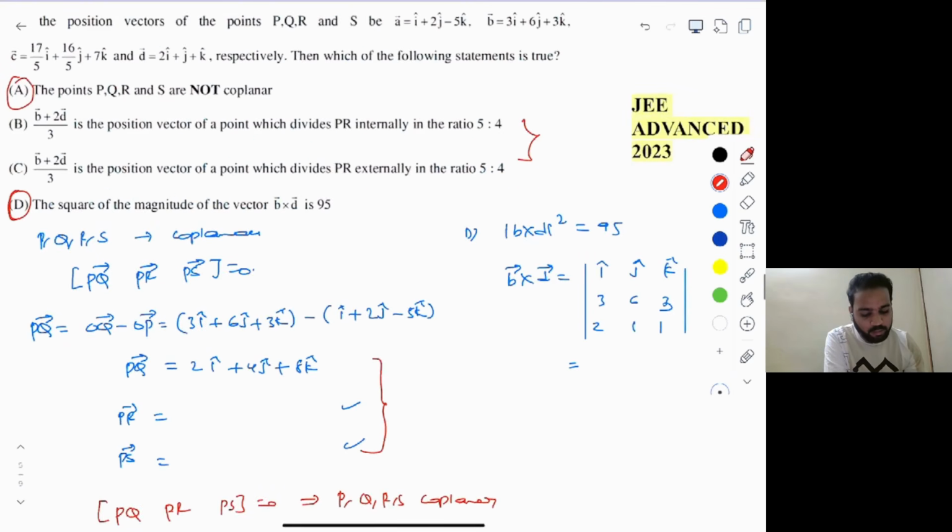Now what they are saying is B plus 2D divided by 3 is the position vector of a point which divides PR internally in the ratio. So there are two ways of checking this option. One is you can find the point which divides PR internally in the ratio 5 is to 4 and check whether that is equal to B plus 2D divided by 3 or not.